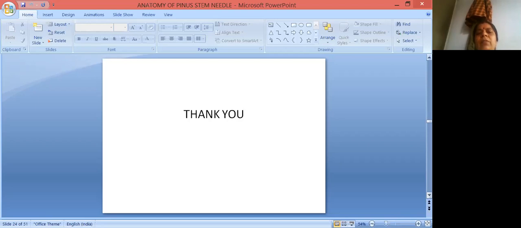Transfusion tissue is also one of the important characters. Pinus exhibits parallel venation, but in the needle only the midvein is present. So from bottom to top, translocation of water and minerals occurs. So where is the question of translocation of water and minerals towards the sides, towards the margin?